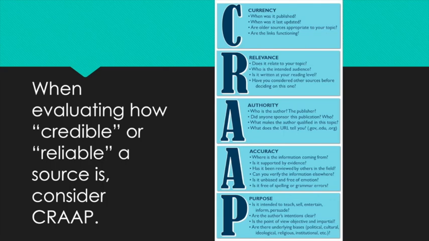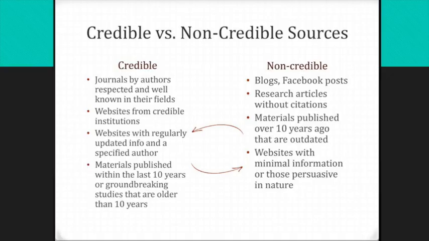Okay, so all of these things you want to keep in mind when you're thinking about how credible the source is that you're going to be incorporating in your paper, because the sources you use are going to be a big part of your rubric and the final copy here.